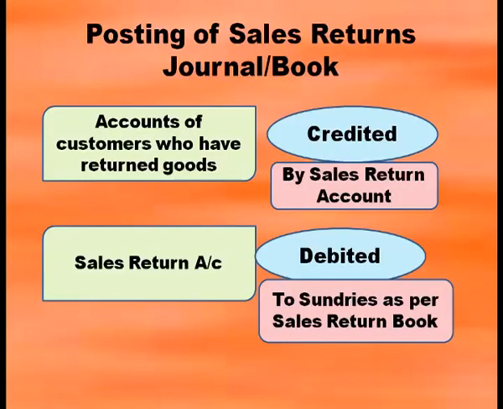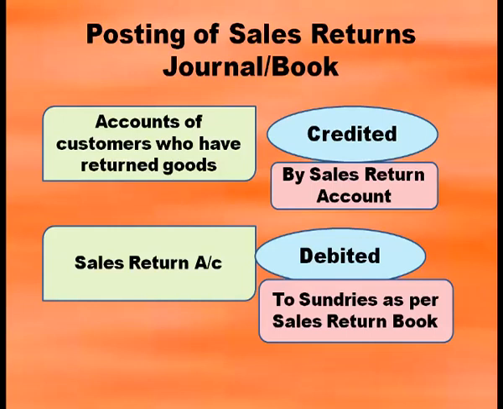Posting of sales returns book or posting of sales returns journal. Accounts of customers who have returned goods are credited by sales returns account. That is, in the particulars column of the account of the customer who has returned goods, you will write by sales return account, on the credit side.